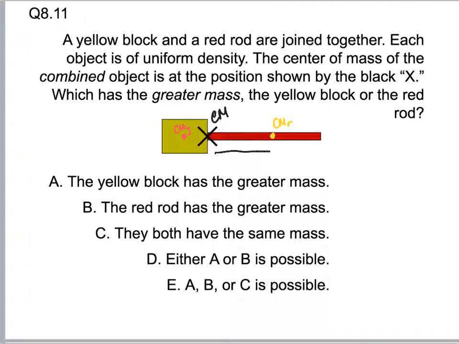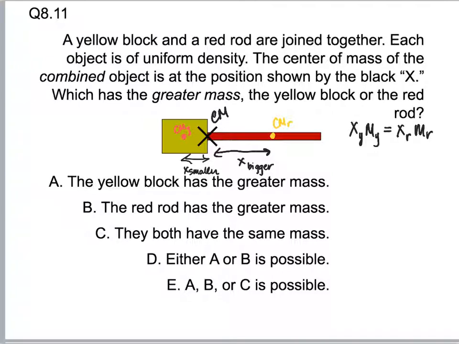Since this distance is bigger, and it balances out with this smaller one, basically the X of the yellow block times the mass of the yellow block has to be equal to the X of the red block times the mass of the red block.